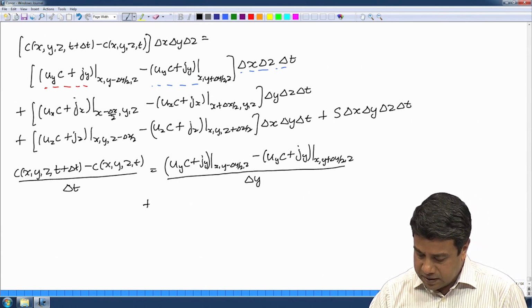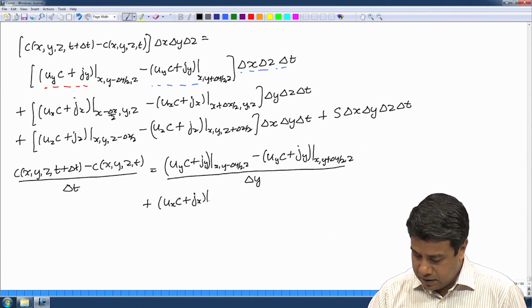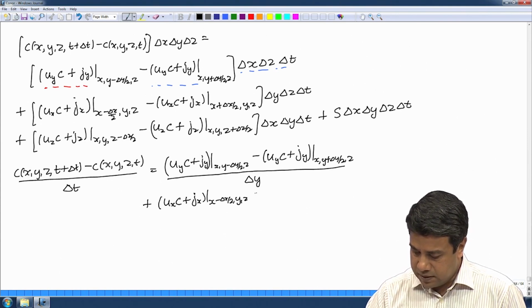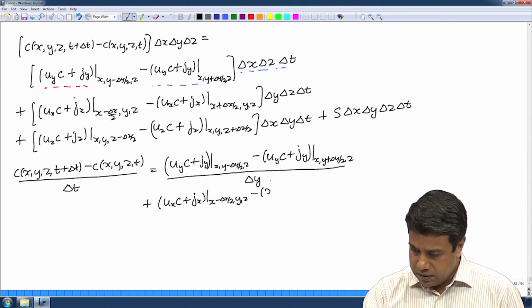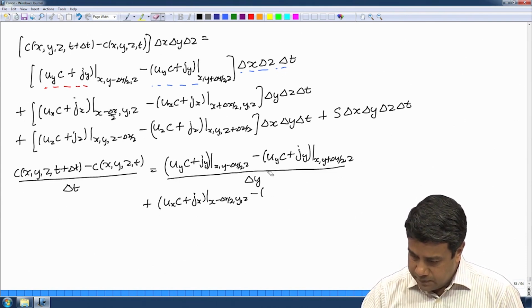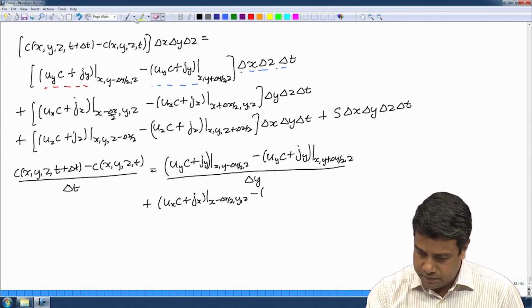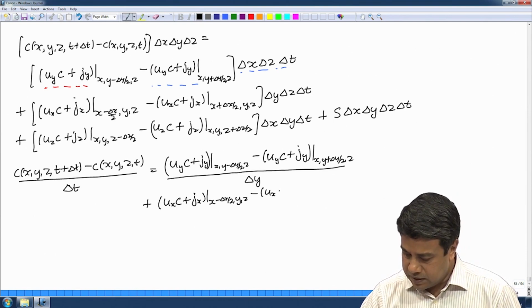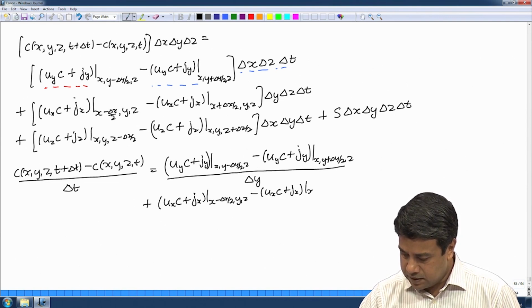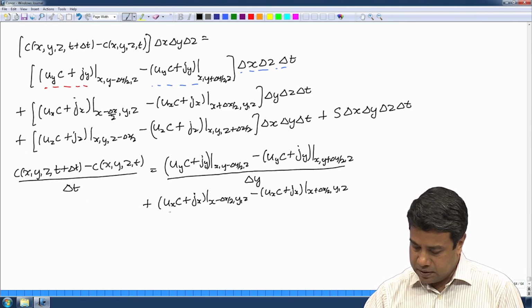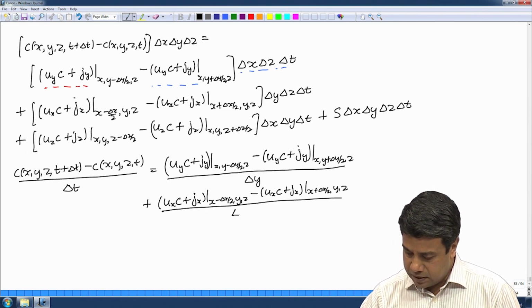Similarly, you will get for the x and z directions. For the x direction, you will get ux c plus jx at x minus delta x by 2, y, z, minus ux c plus jx at x plus delta x by 2, y, z, divided by delta x.